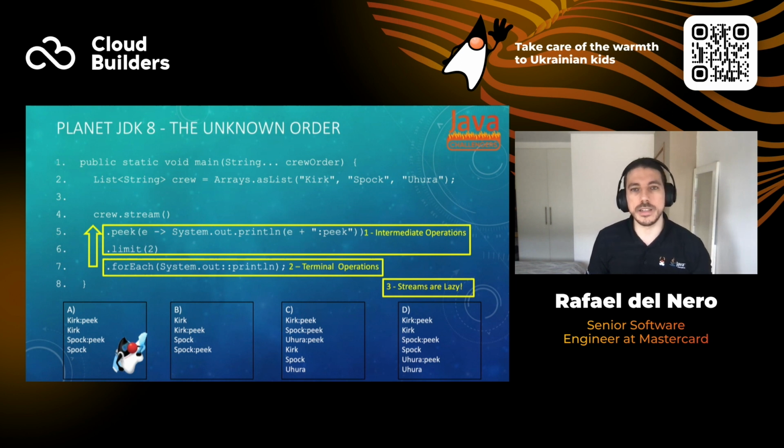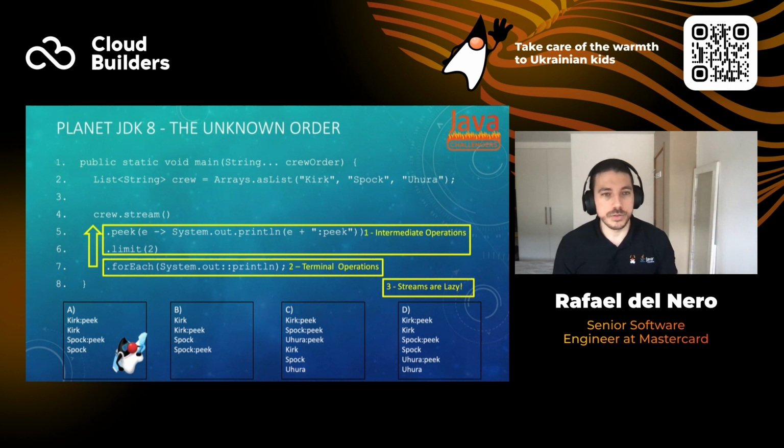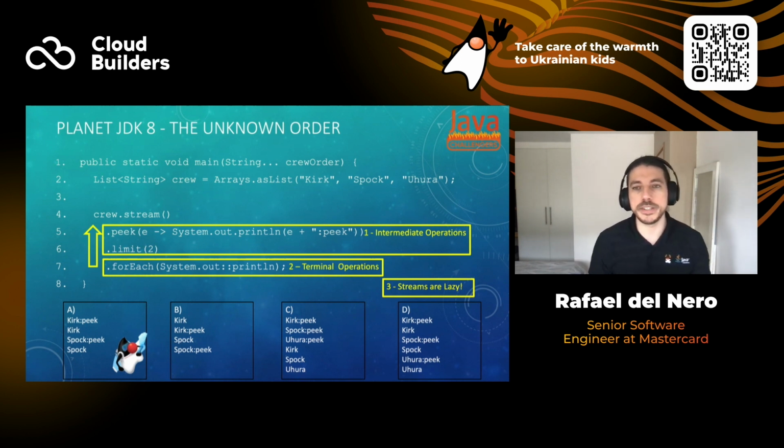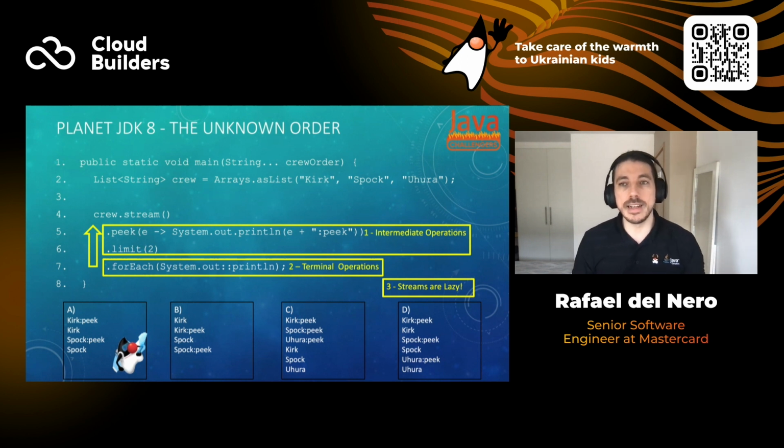As you can see, we have a list with 3 elements, and the peek method is just a method to debug your stream, and we have the limit method. So remember that when you're using streams, the peek and the limit methods are intermediate operation methods, which means that they don't do anything without the terminal operation method.